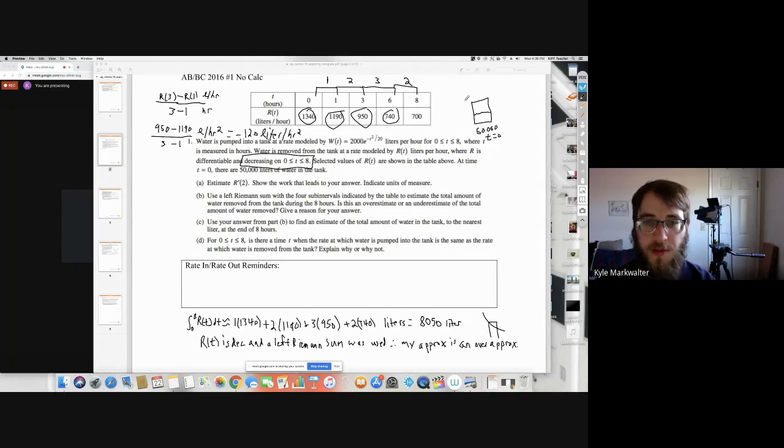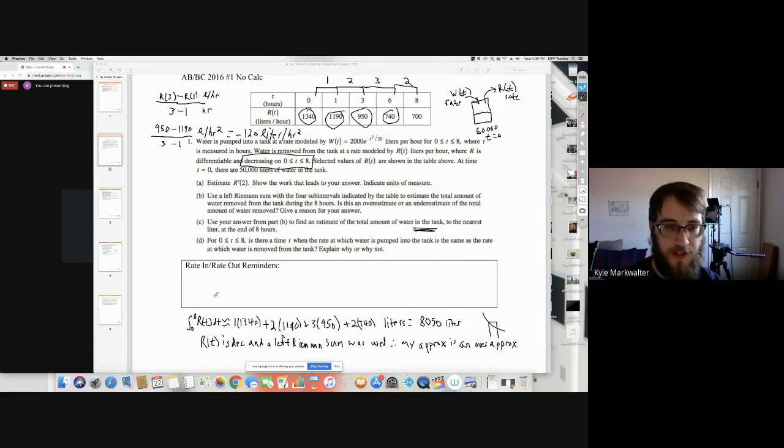And water is being pumped into the tank at W(t), and then water is also being removed from the tank at R(t). Those are rates. So if we want to measure the total amount of water in the tank, we have to take all of this into account.